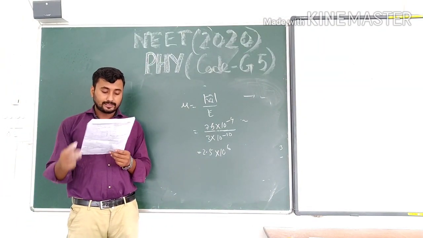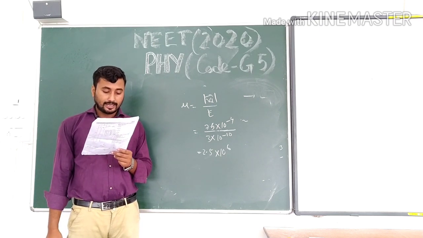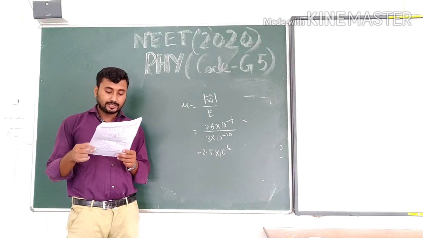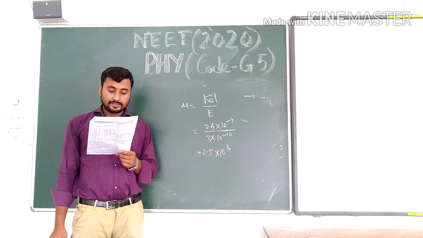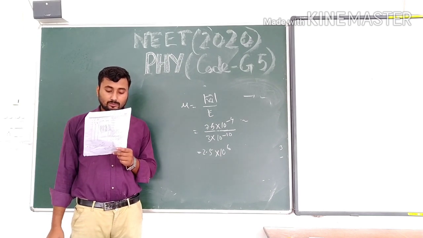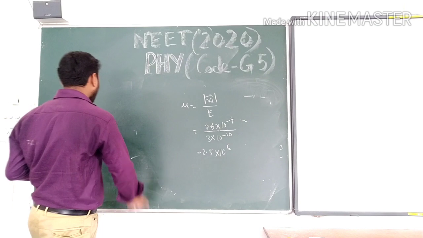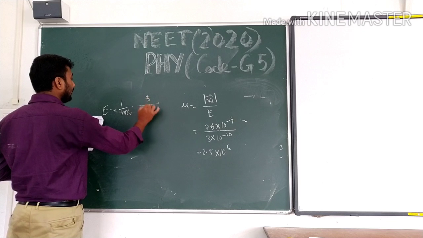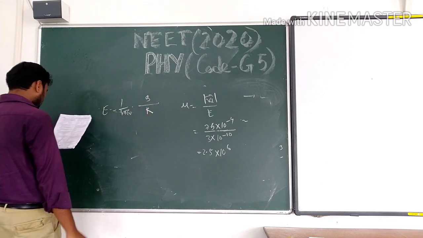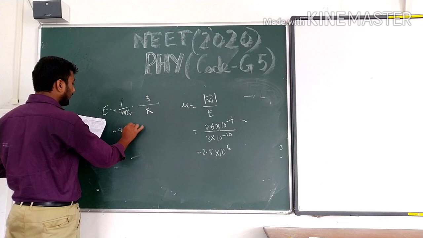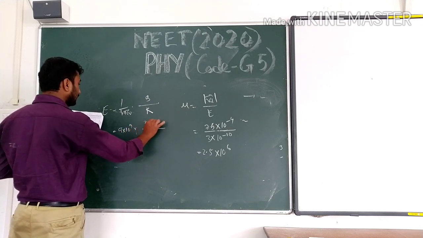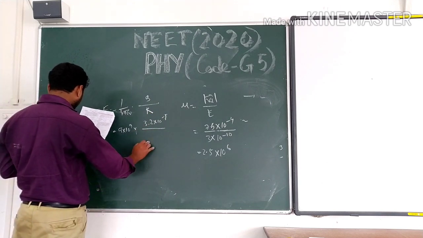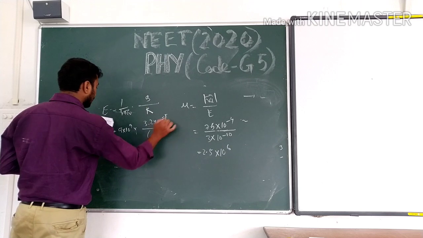Next question 170. A spherical conductor of radius 10 cm has a charge of 3.2 into 10 to the minus 7 coulomb distributed uniformly. What is the magnitude of electric field at a point 15 cm from the center of the sphere? So we have electric field equal to 1 by 4 pi epsilon naught, Q by r squared. Here 9 into 10 to the power 9, Q is given 3.2 into 10 to the power minus 7, r is given 15 cm, so 0.15.